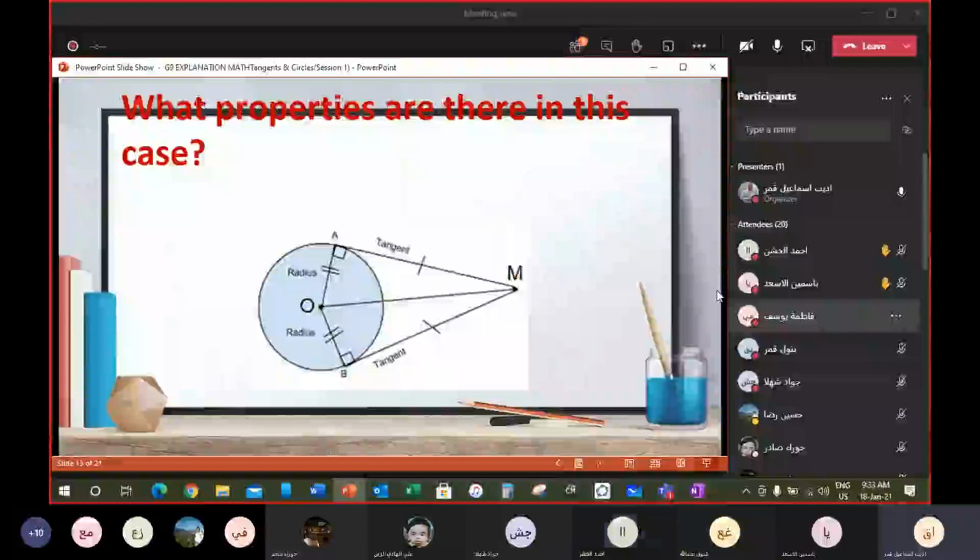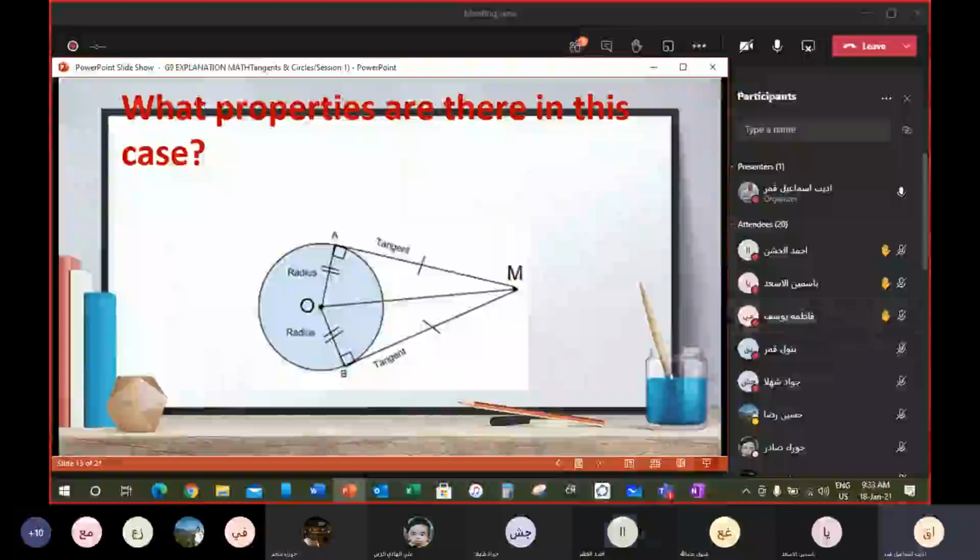From a point outside the circle, two tangents can be drawn to this circle where the tangent segments MA and MB are equal. This is property 2: tangent segments MA and MB are equal.